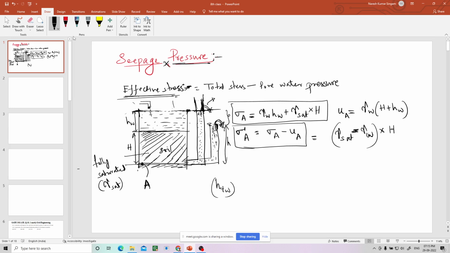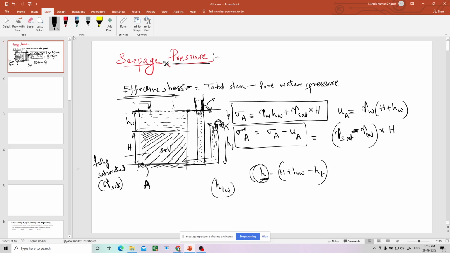Let us say this is HT. So the head which is causing the flow is H plus HW minus this HT. So this is the head of the water which is actually causing the flow of this water through this sample.